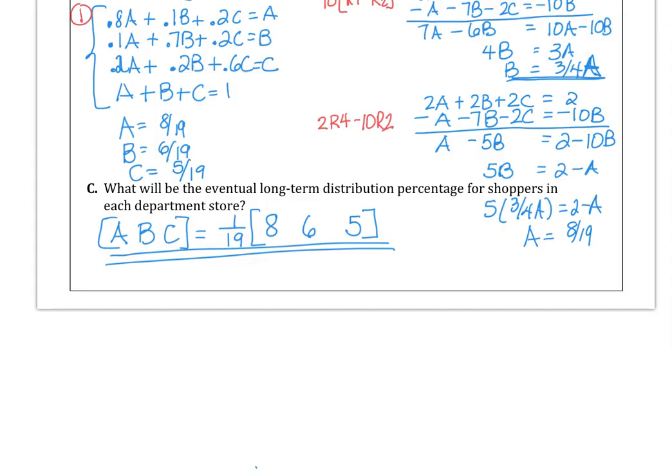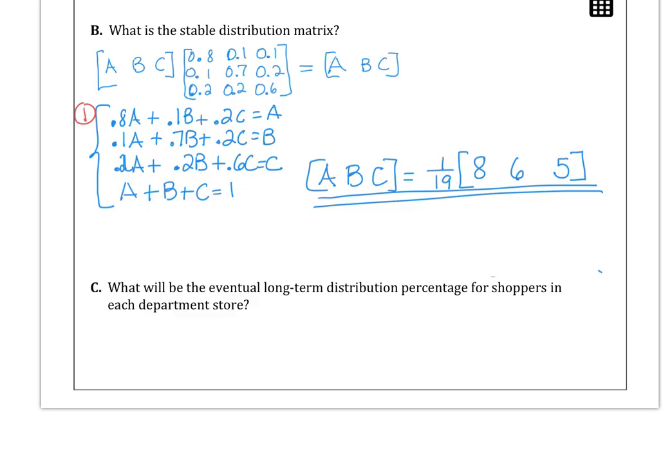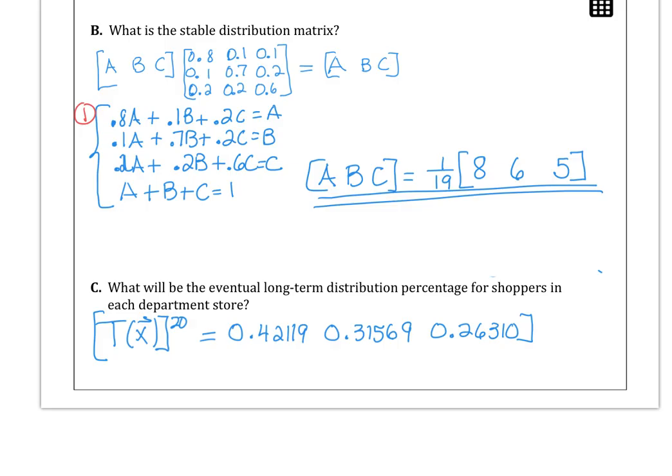And what will the eventual long-term distribution percentage for shoppers in each department store look like? So let's finish that up using our transformation matrix at the beginning in our calculator, raising that to the 20th power. You can see here we have store A is going to be about 42.1%.